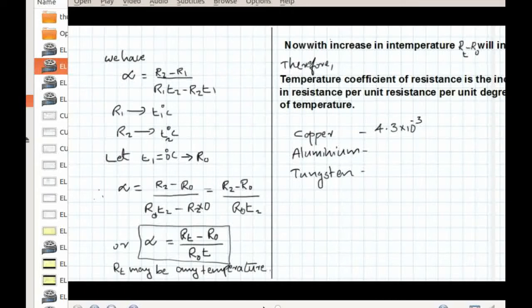It is 4.3 into 10 raised to minus 3 per degree Celsius. Similarly, for aluminum, the value of alpha is 4.4 into 10 raised to minus 3 per degree Celsius. Then for tungsten, the value of alpha is 4.5 into 10 raised to minus 3 per degree Celsius.